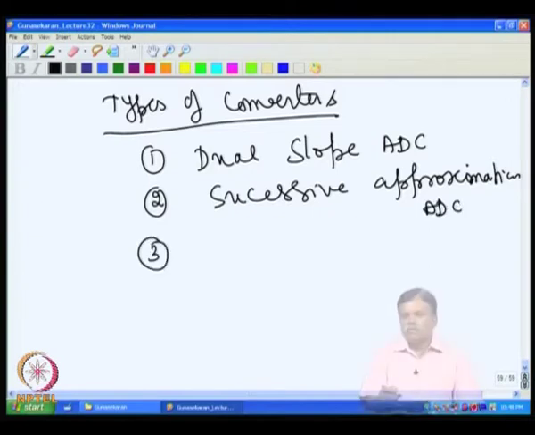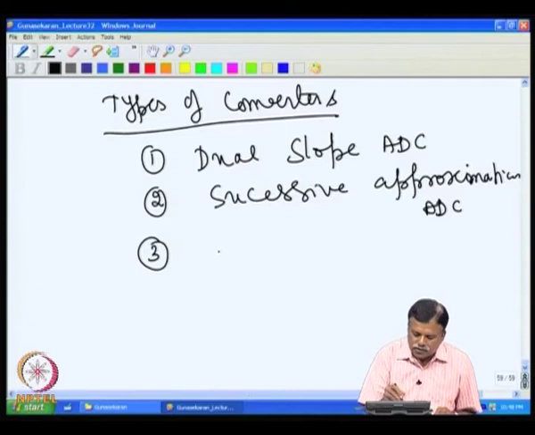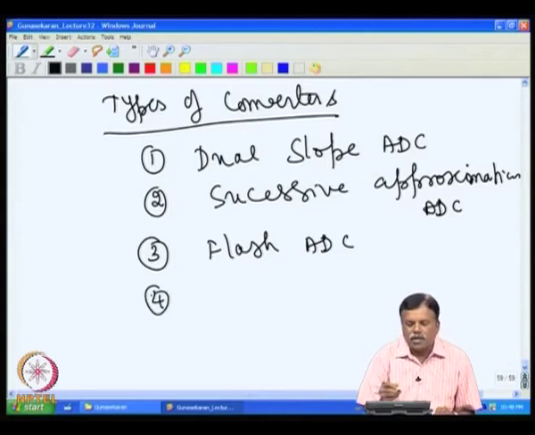The third popular type is the flash ADC. And the fourth very popular one available in the market is the sigma delta ADC.